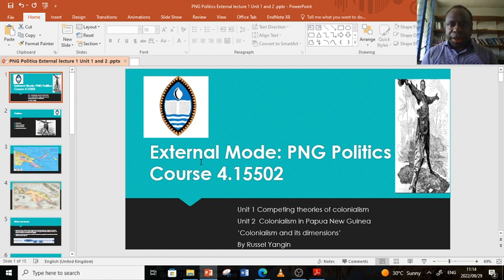Okay, so for today's session, what I'm planning to do is to cover Unit 1 and 2 from this textbook. Unit 1 is titled Competing Theories of Colonialism, and Unit 2 Colonialism in Papua New Guinea.